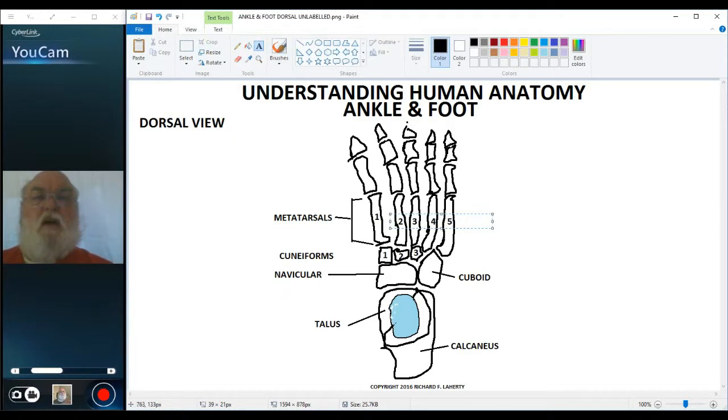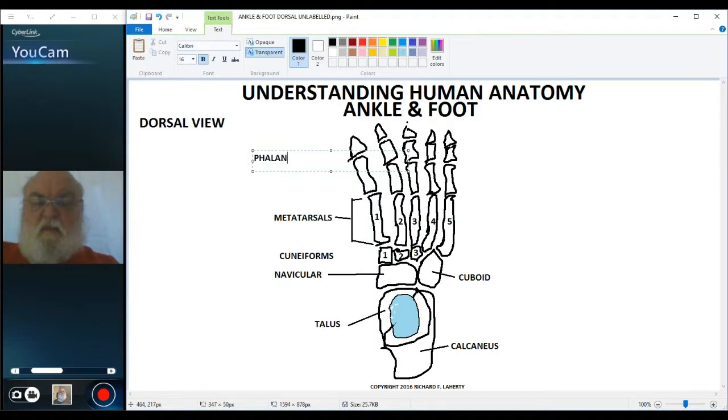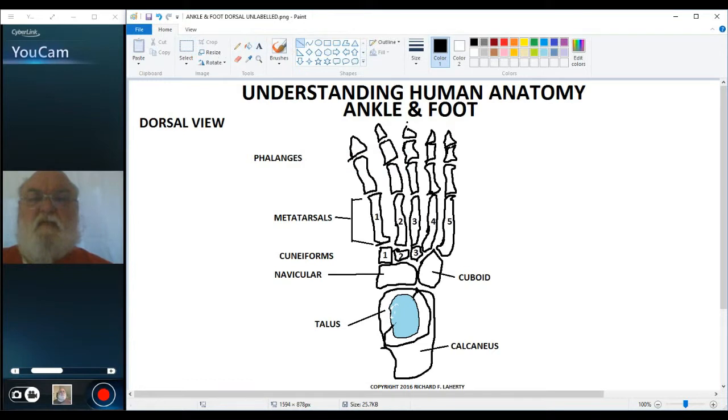And then we will have the phalanges, and again I'll indicate the area of the phalanges with a bracket. And the phalanges are named by their location.